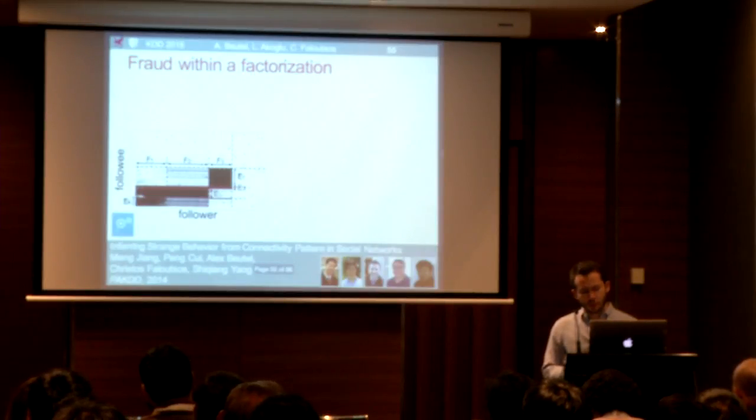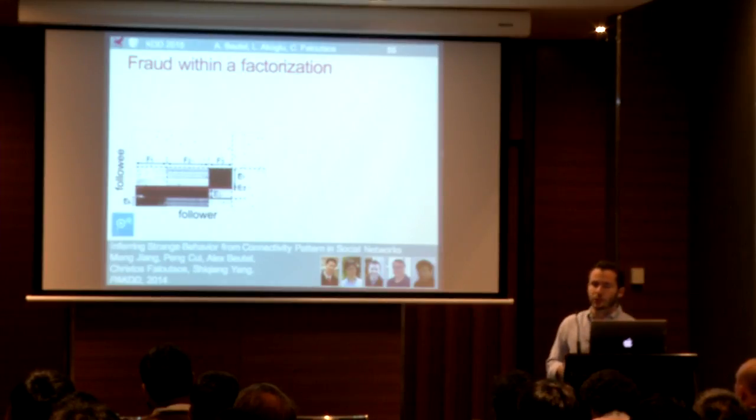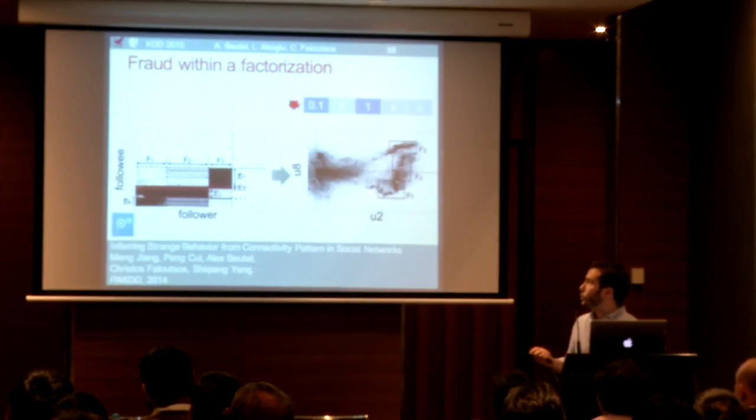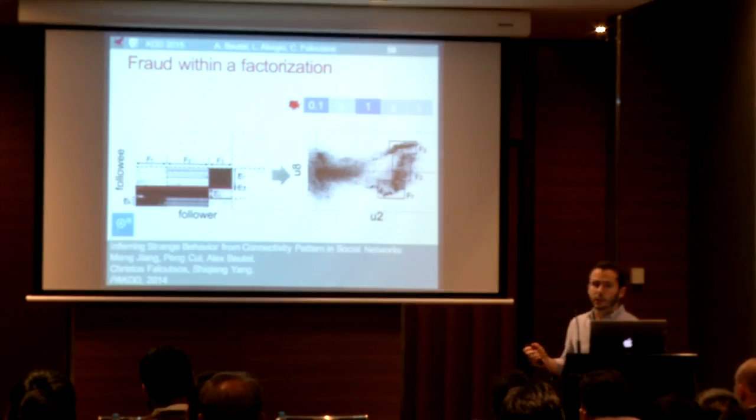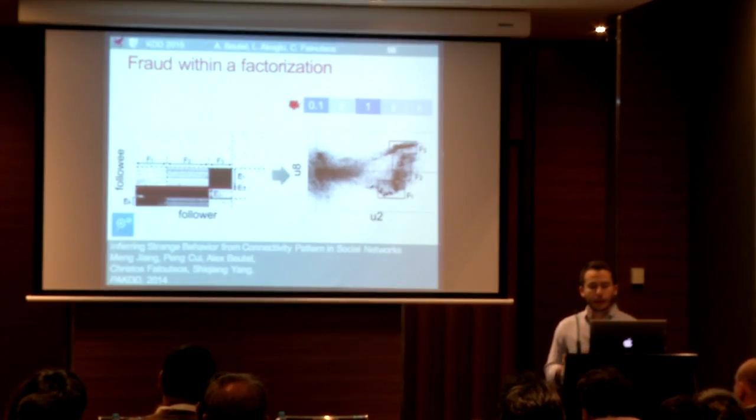But what we found was, we looked at Tencent Weibo, which is like Chinese Twitter, and you can find these ray-like patterns. So they're not perfect. They might try to add some camouflage or some other maneuvering to avoid creating this pure dense bipartite core, but they still show up as this very odd behavior, corresponding to a staircase-like pattern in the matrix.